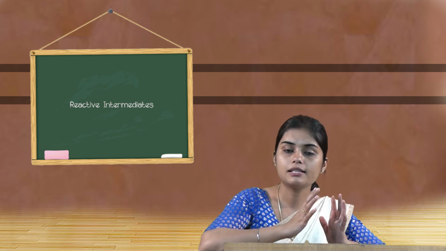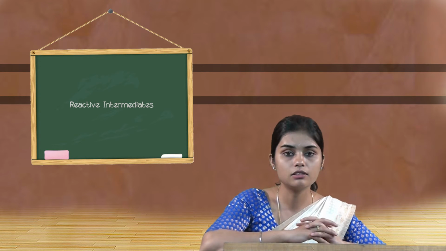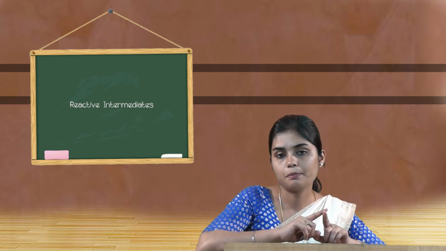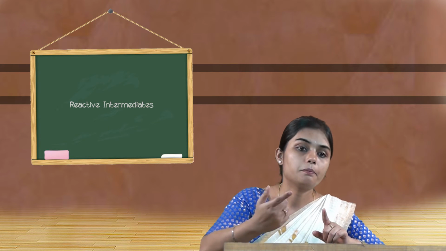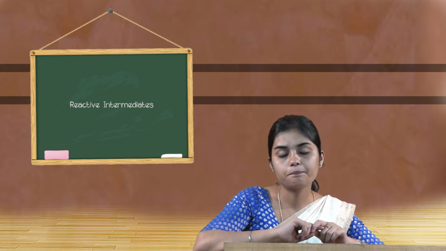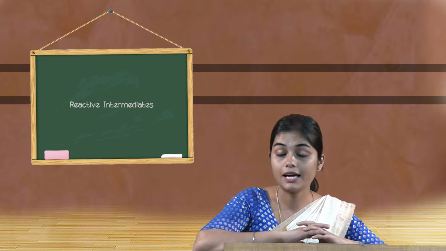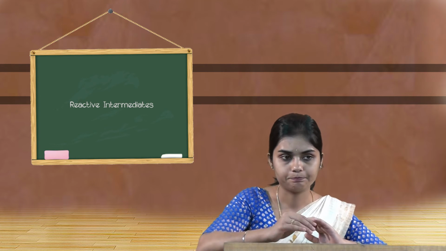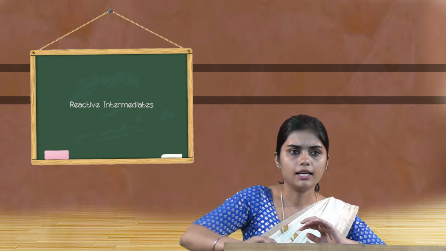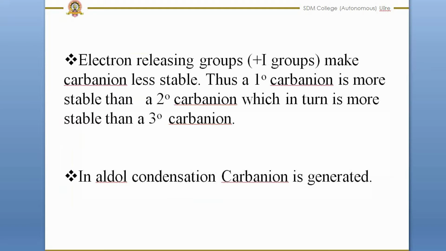Because of that, the tertiary carbanion is less stable when compared to secondary and primary. In this case, the primary carbanion is the most stable. So the order follows like this, and this carbanion is formed during the aldol condensation. It is one of the main organic mechanisms that you will come across during your BSc course.